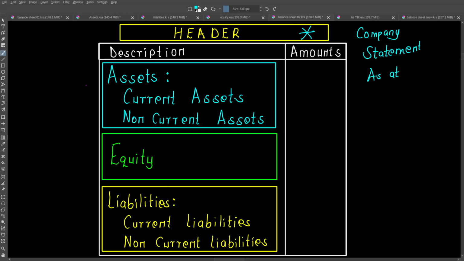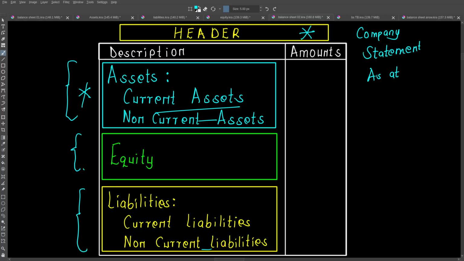Then you're going to list your assets. You're going to list your assets first, and you're going to start with your current assets, then non-current assets, okay? Then you're going to have equity. You list the components of equity that are applicable in that business. Then you're going to list your liabilities, that is the current liabilities and non-current liabilities, okay?